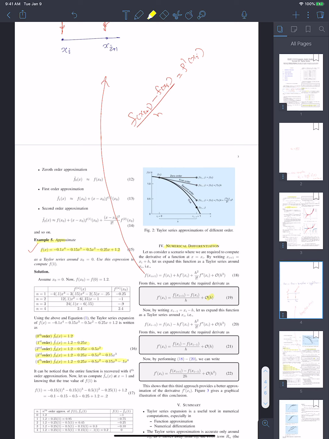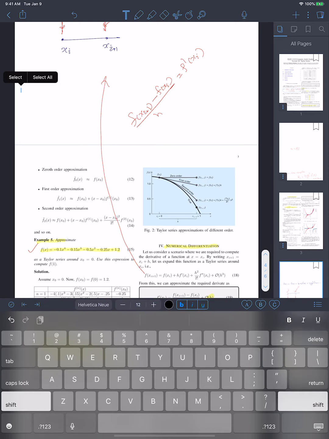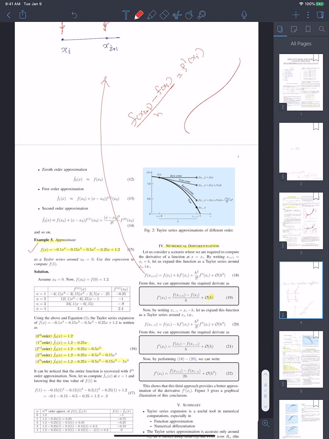So that is how you can approximate the derivative of a function. If you have a function and you don't know its derivative, if you know the value of that function at a certain x, and the value at an adjacent point i plus 1, then using that you can compute the derivative of the function.